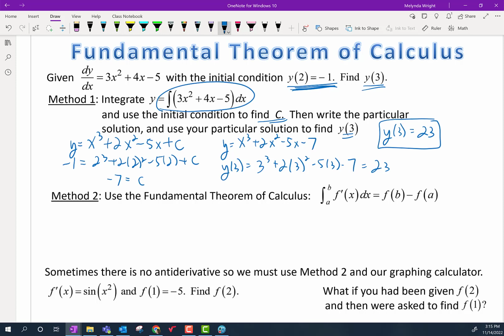What I would like to show you is the second way using the fundamental theorem, and it's highlighted right over here. It's the fundamental theorem. We're going to use that concept to work it a little bit of a different way. And this particular way that I'm showing you is especially helpful with calculators.